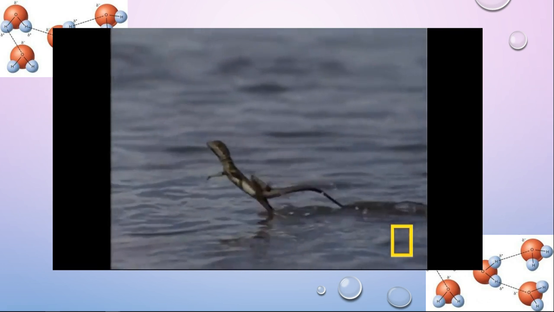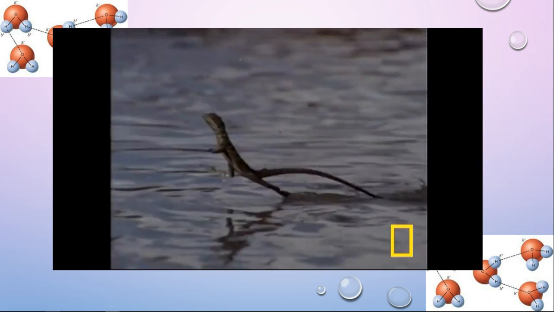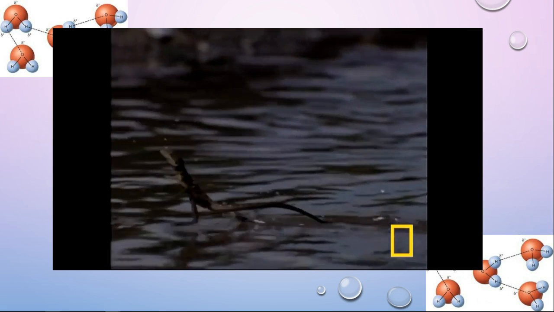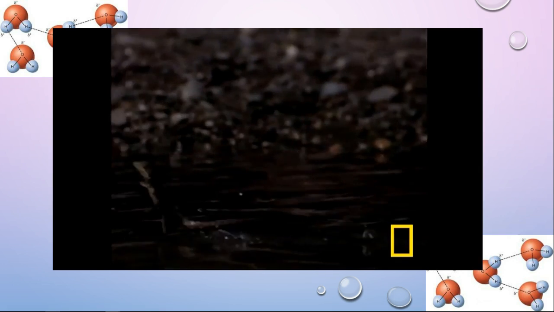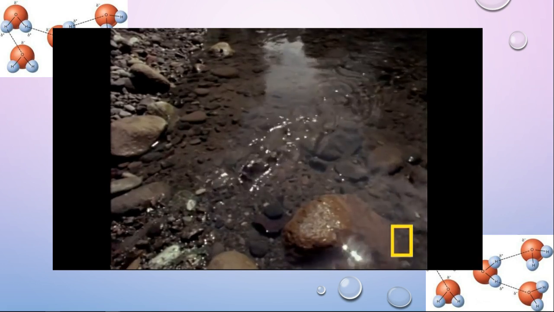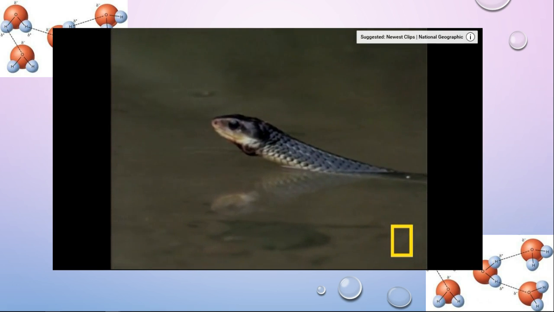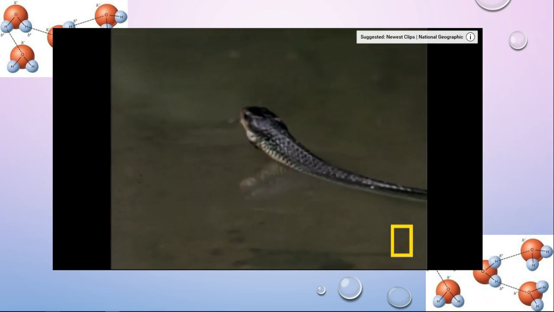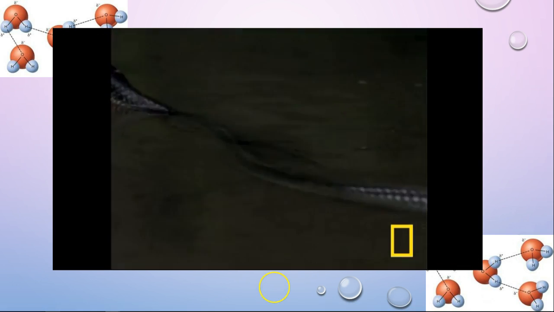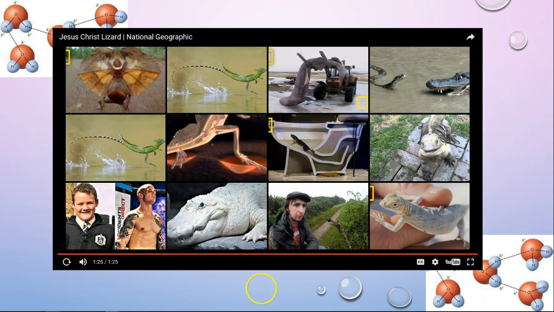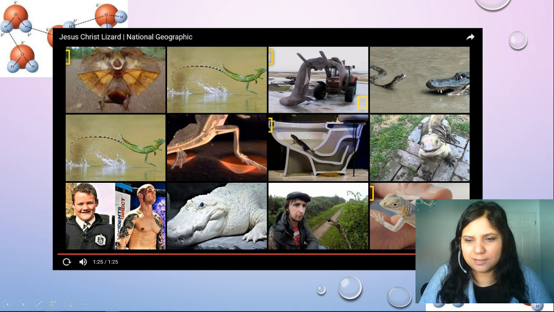The basilisk is called the Jesus Christ lizard because it can walk, well, really run on water. It bicycles its hind legs, and the tail becomes a counterweight. We can't know what the snake is thinking. Did it really want to eat the lizard, or did it just want to show? Pretty cute.